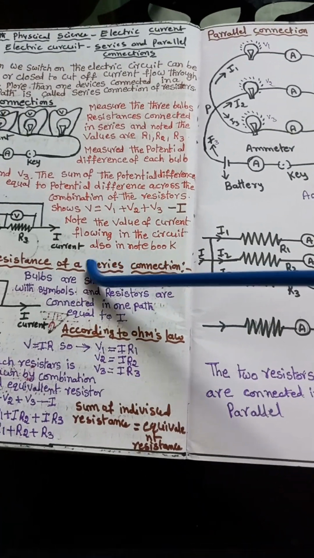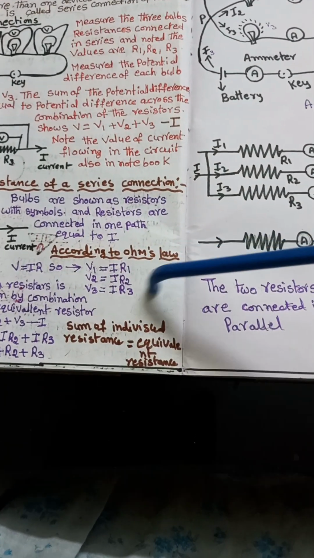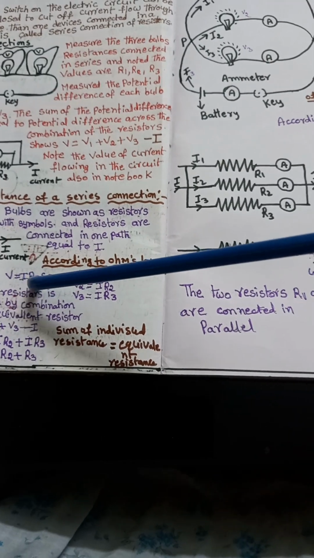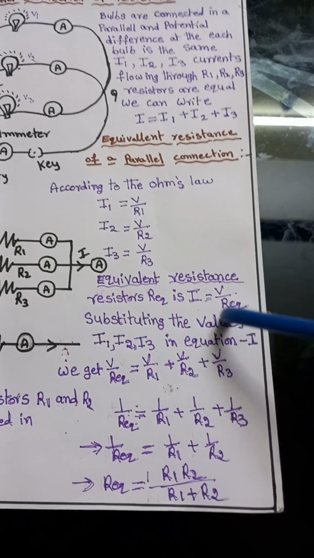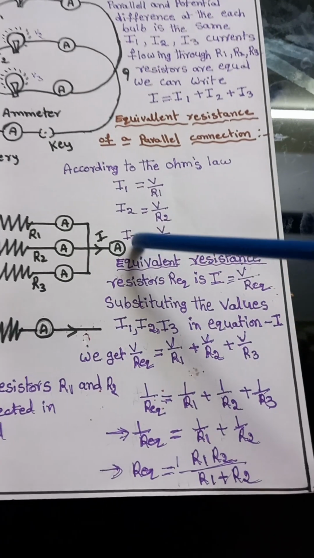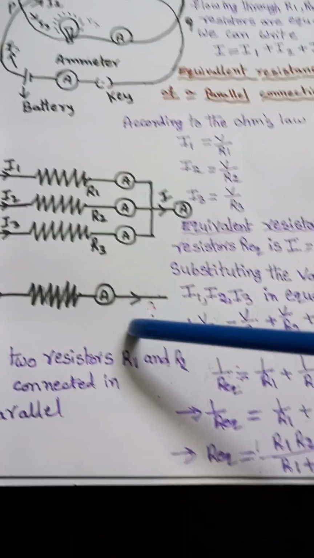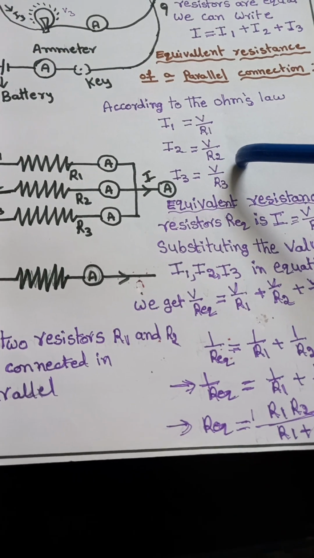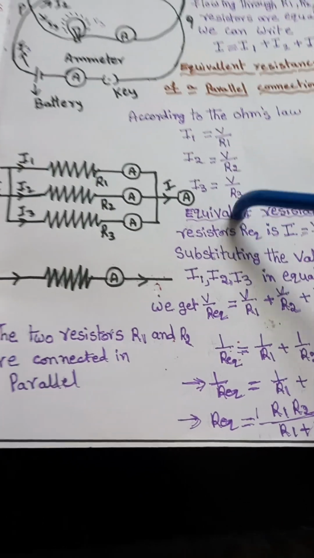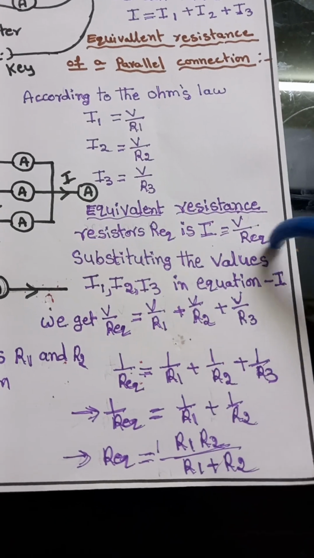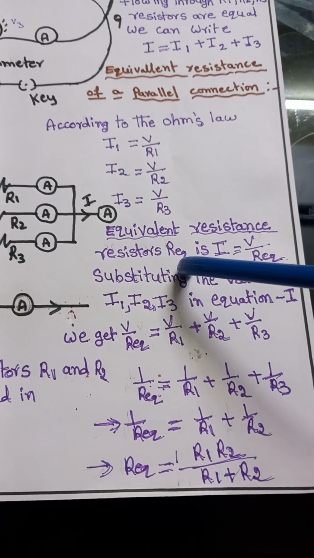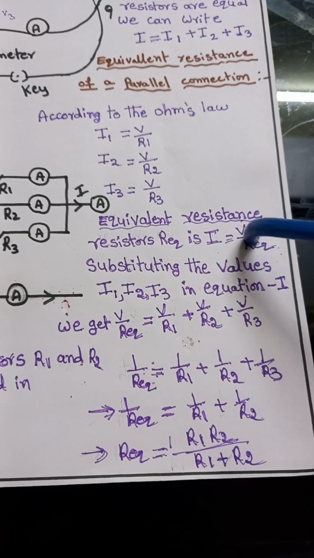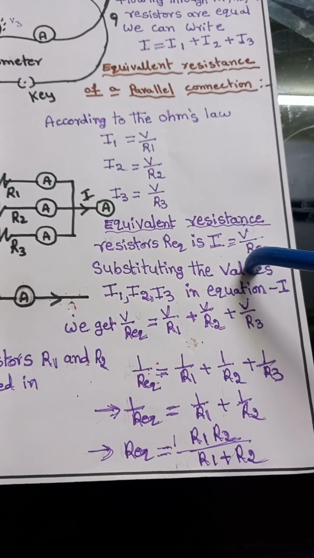In the series connection we took V is equal to IR, and in the parallel connection I1 is V by R1, I2 is V by R2, I3 is V by R3. For the equivalent resistance, I is equal to V by the equivalent resistance.